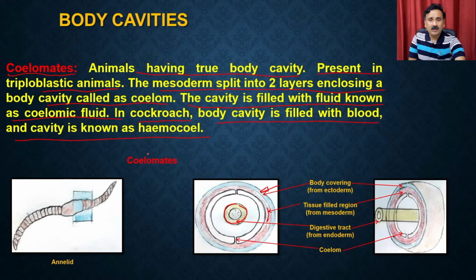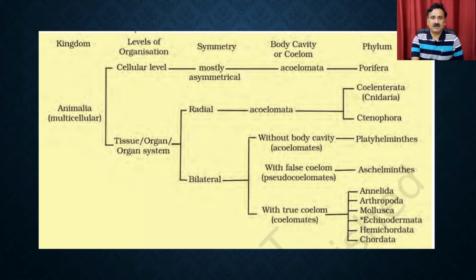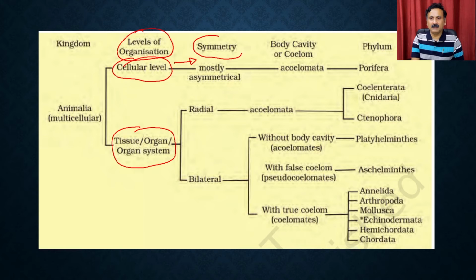Now, keeping all these criteria in the picture, all the organisms present in the kingdom Animalia are divided into different phyla. For example, based on the level of organization, it could be the cellular level or the tissue level of organization. If it is the cellular level, then you go ahead with another criterion: whether the body is symmetrical or asymmetrical.